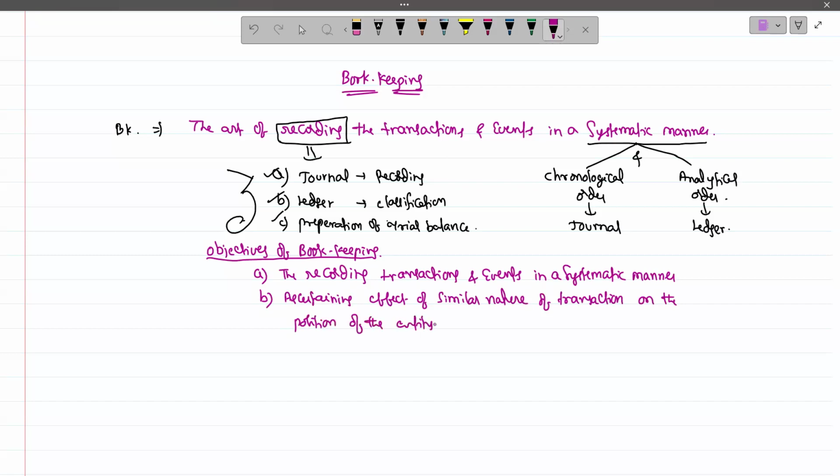Here, one point covers the recording, that is, the journal, and the other point covers the ledger.